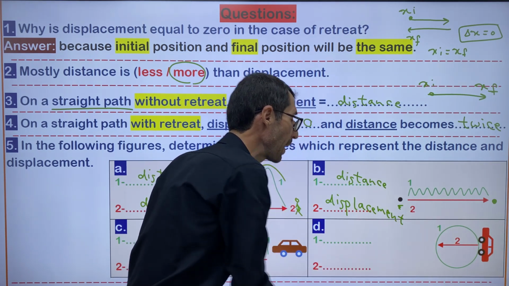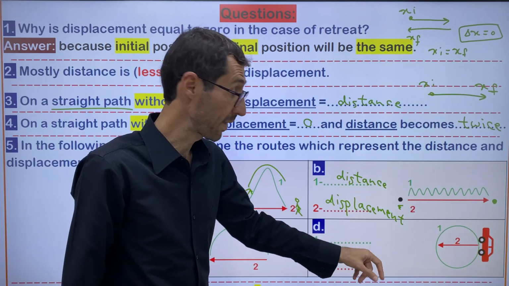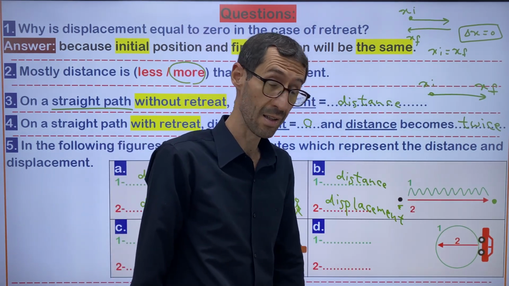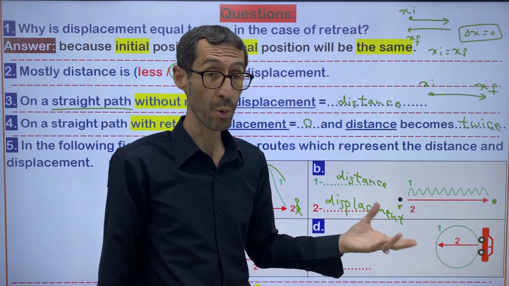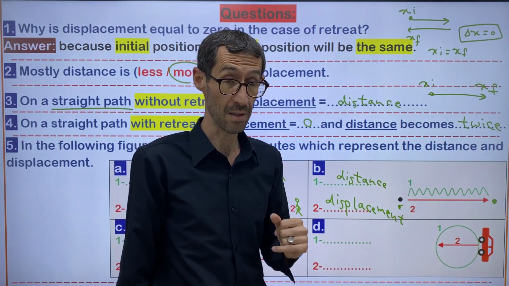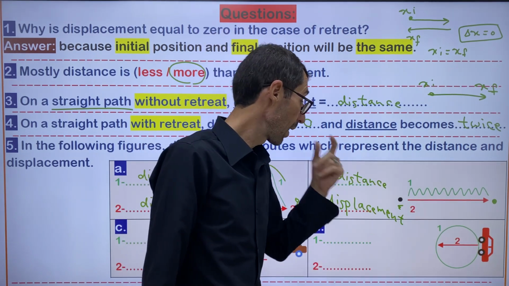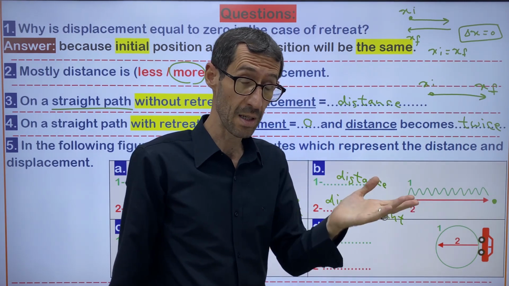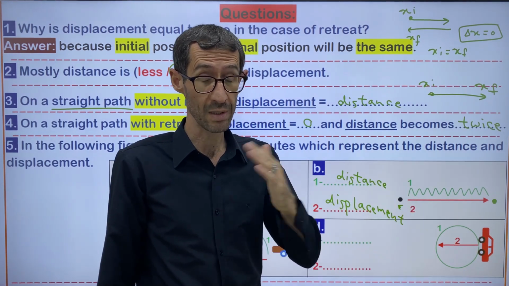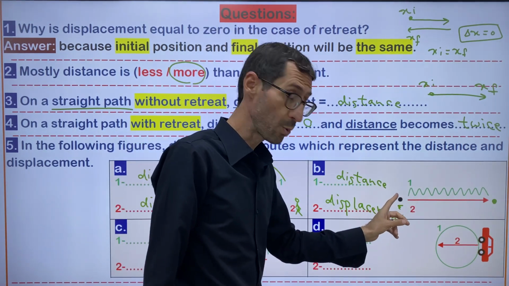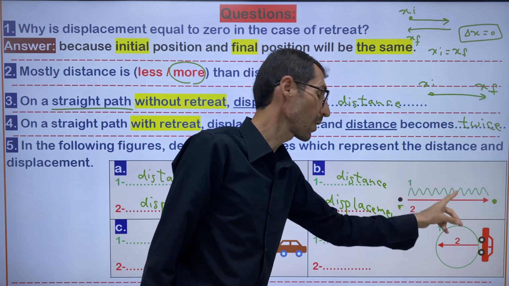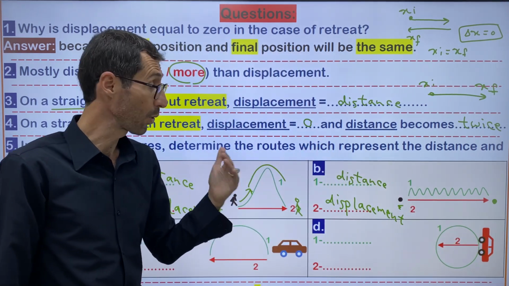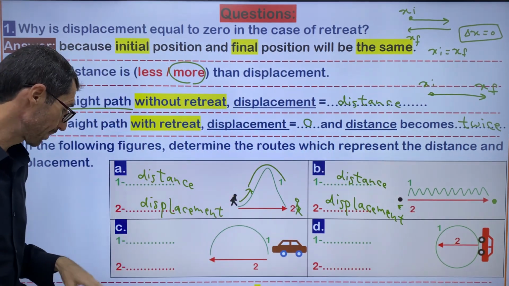So compare the two paths for the same particle. Is displacement more than the distance or vice versa? Compare these quantities. Here we can say distance is more than displacement, like the previous case.